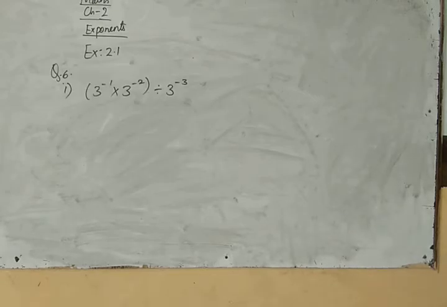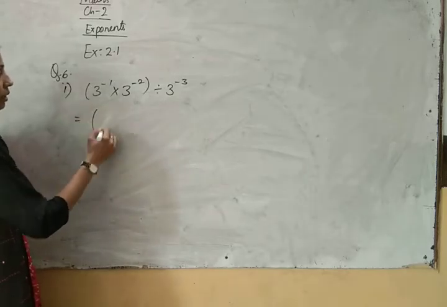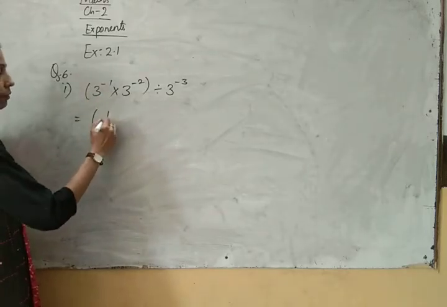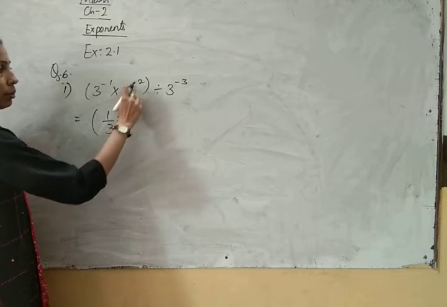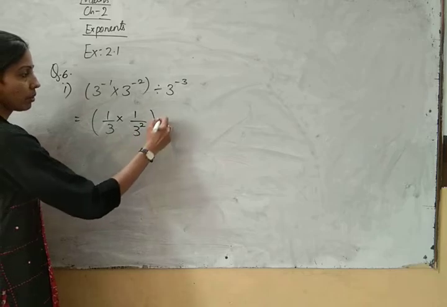Okay. In 6th question, you have to simplify this. Again, 3 to the power minus 1 will become 1 upon 3. 3 to the power minus 2 will become 1 upon 3 to the power 2.